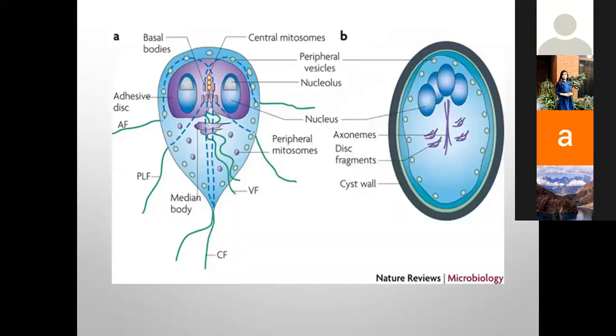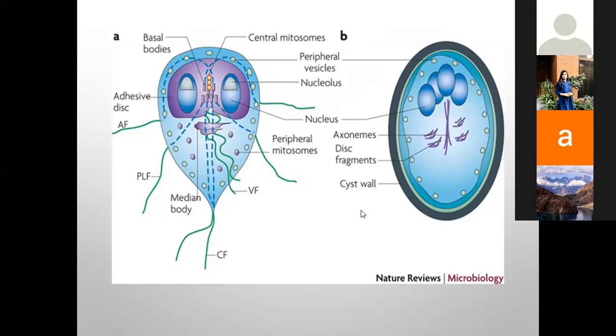If you can see the slide, this is the cyst form. This one is an inverted pear-shaped cyst, and this is the trophozoite.